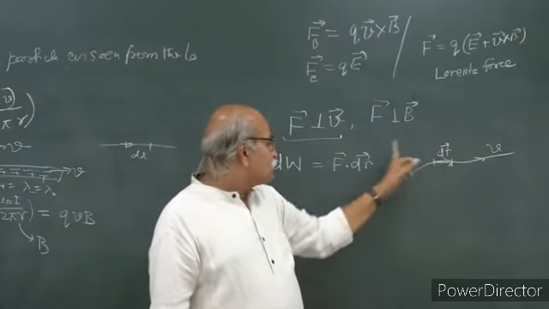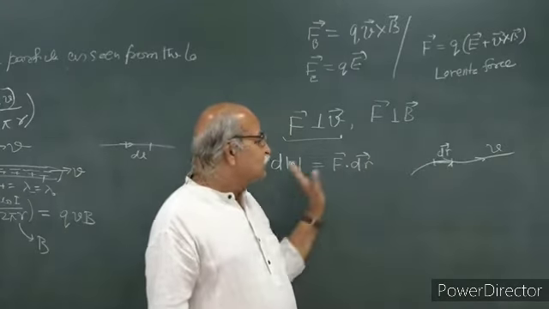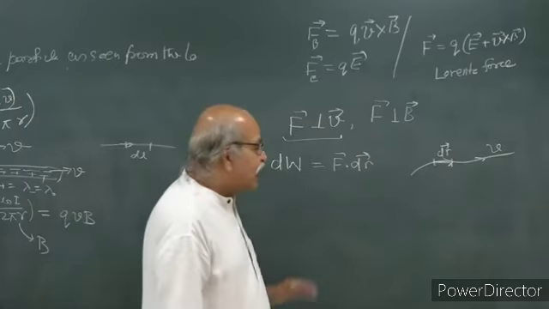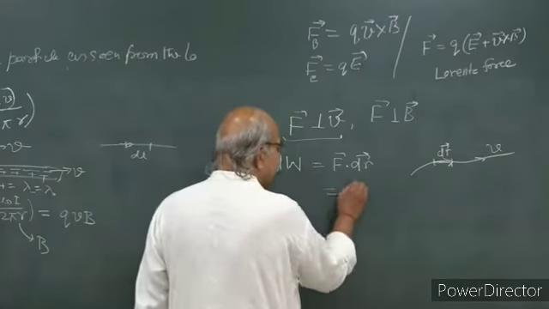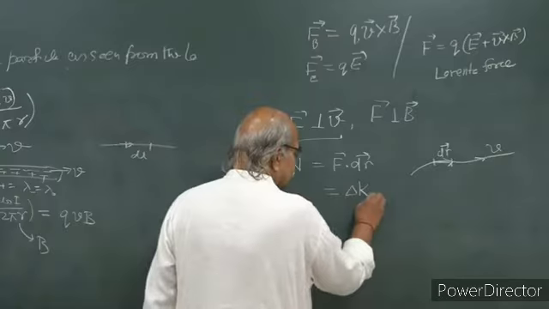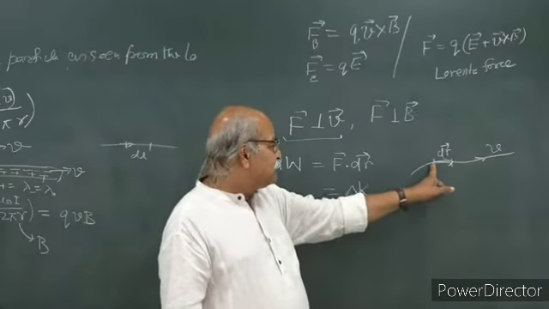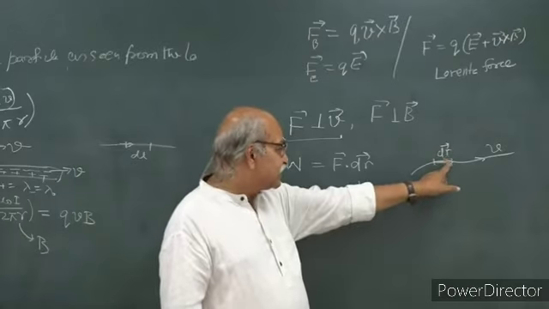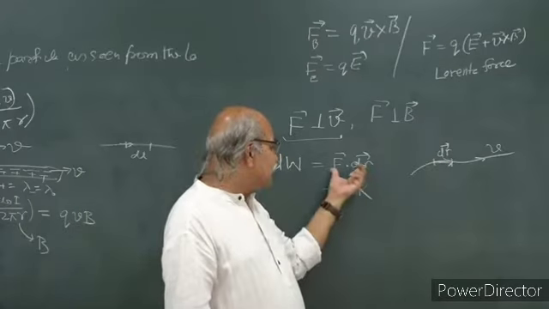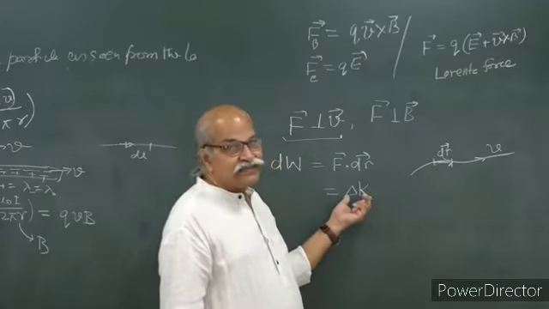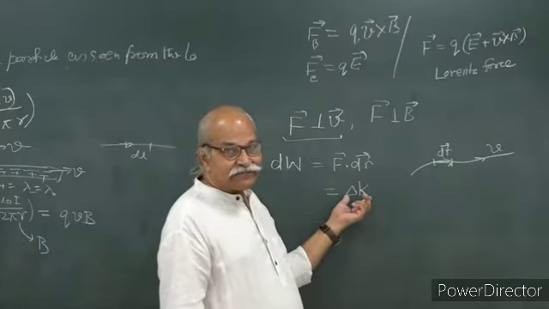So, force dot product with dr, that is the work done by definition, and this is equal to the change in kinetic energy. From going from here to here, if speed changes, then the kinetic energy changes, and this quantity is the same as the change in kinetic energy.